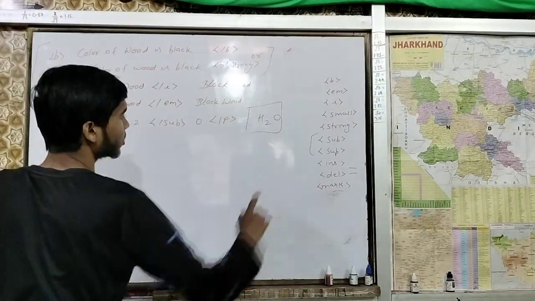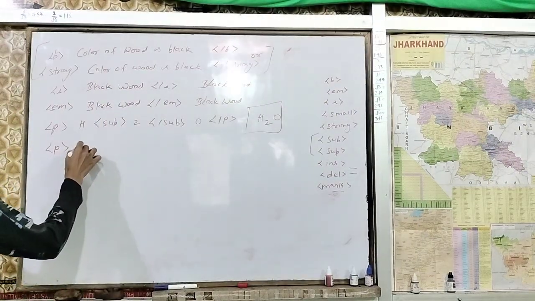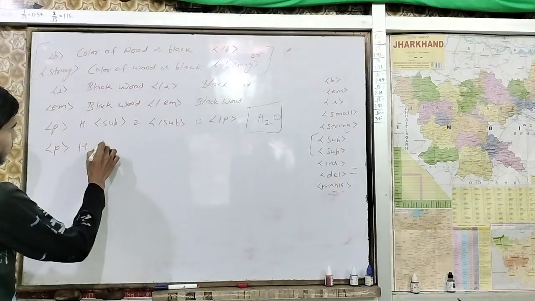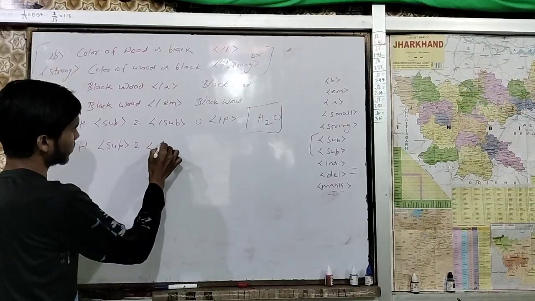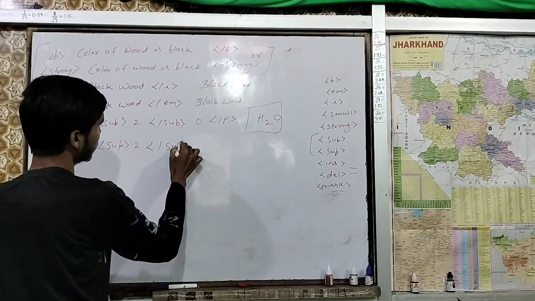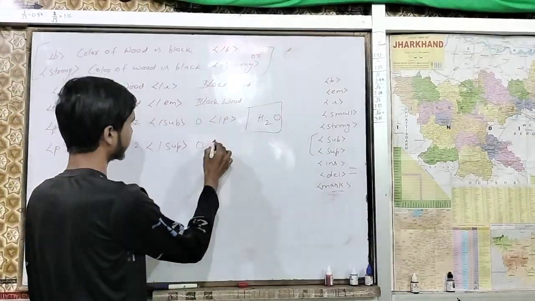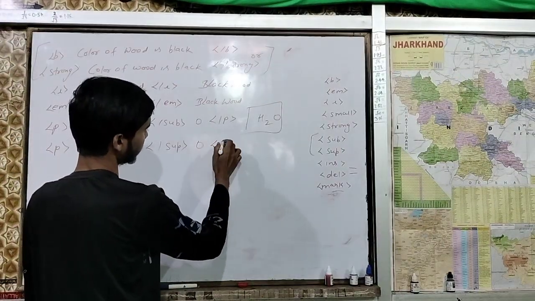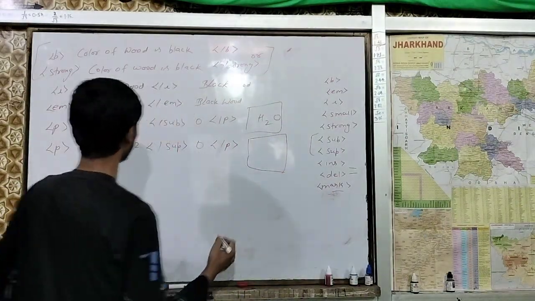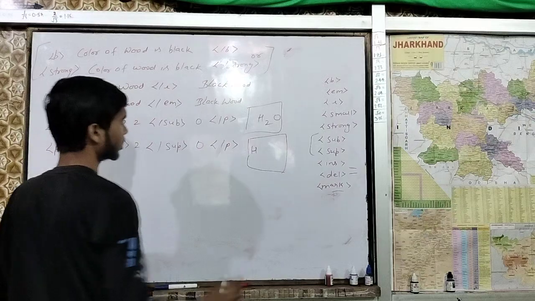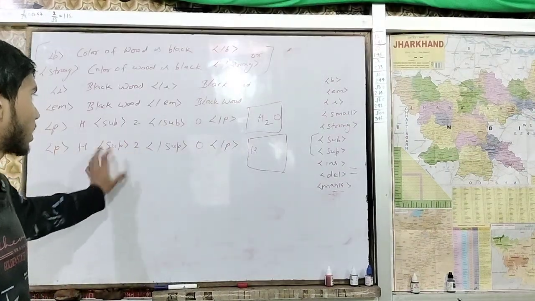What about the superscript? For superscript, this H, then sup 2, then the ending superscript tag, O as it is, then the end of P. On our website, this H will be as it is, because this H is inside the paragraph tag.